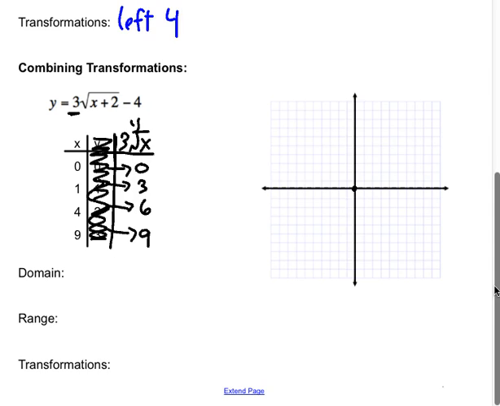I have 1, 3. I have 4, 6. And I have 9, 9. All right, so that's my new stretched parent function, but it is very important that you put that in the table.